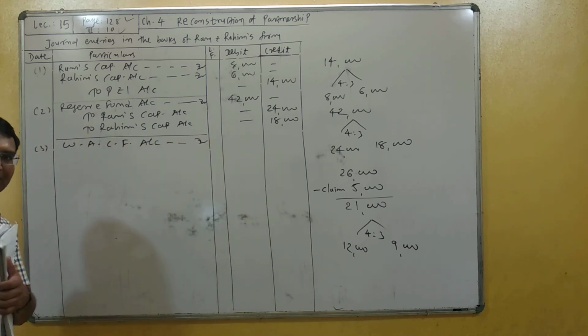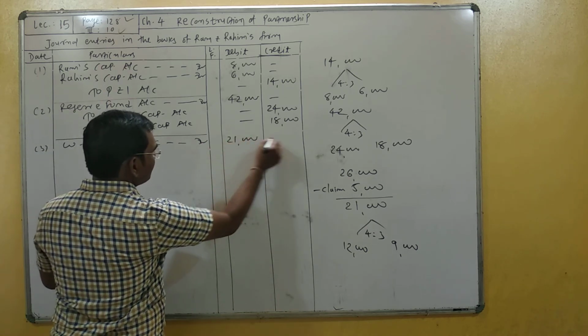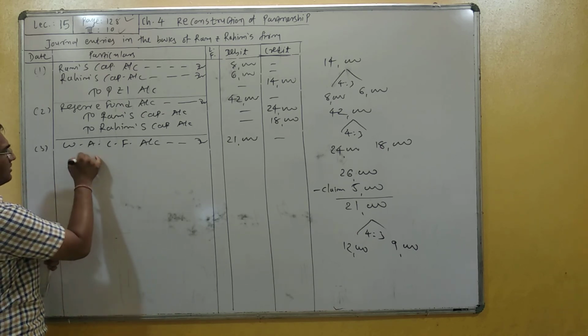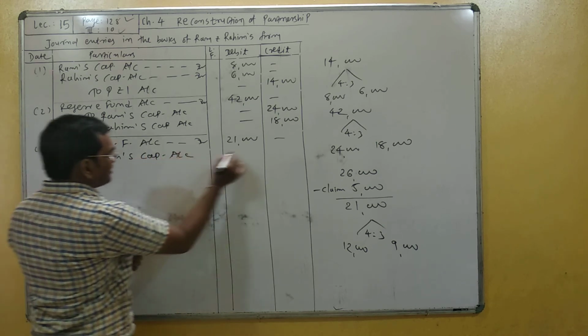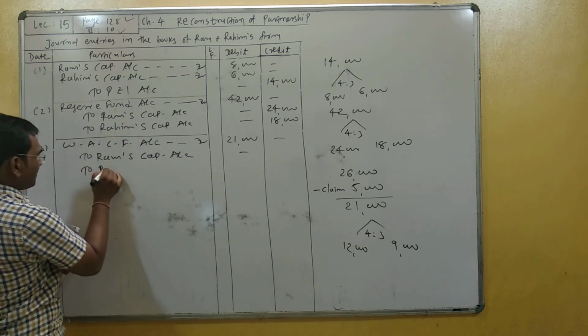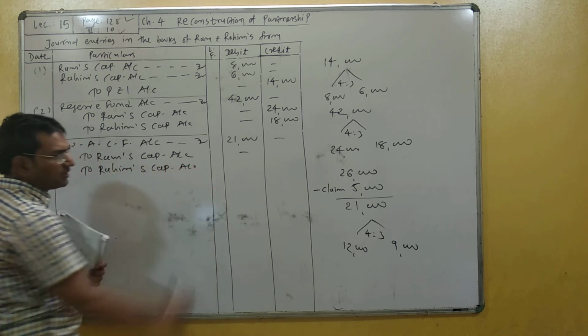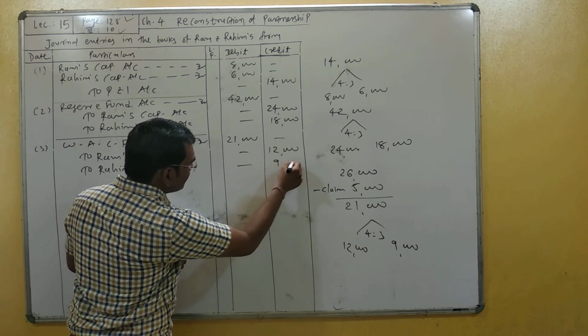Workmen accident compensation fund is a reserve, so it should be debited. 21,000. Be careful. Instead of 26,000, distribute 21,000 to Ram's capital account, to Rahim's capital account. Ram capital 12,000, Rahim capital 9,000.